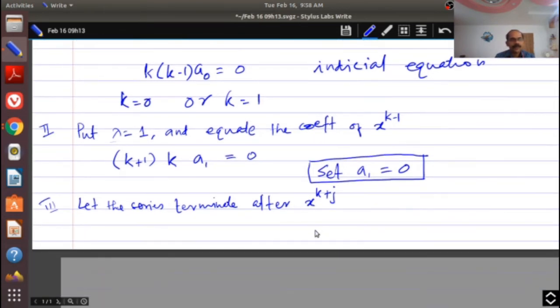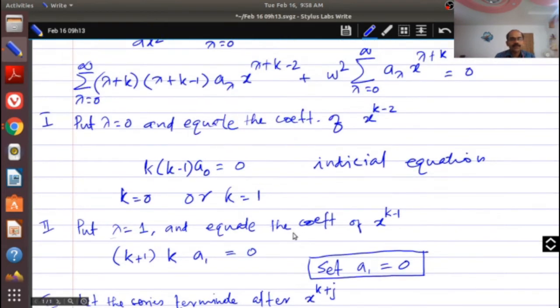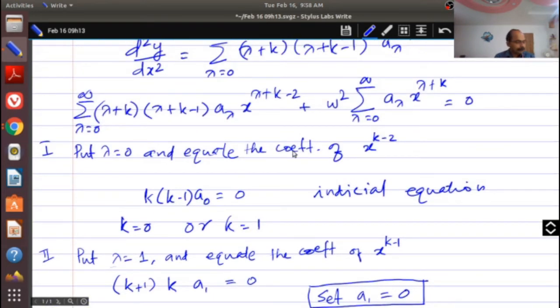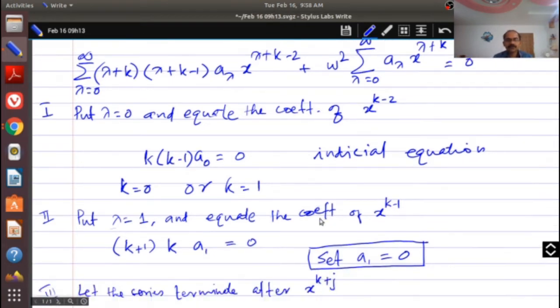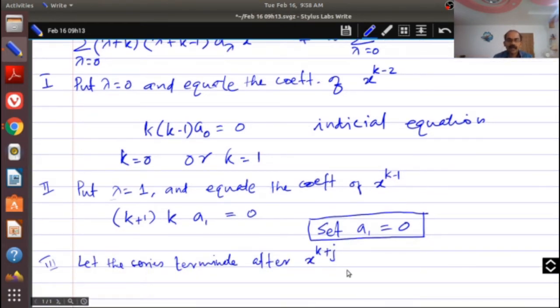So what is the coefficient of x raised to k plus j and the higher order terms? Because the series stops, all coefficients higher than the power k plus j are 0.